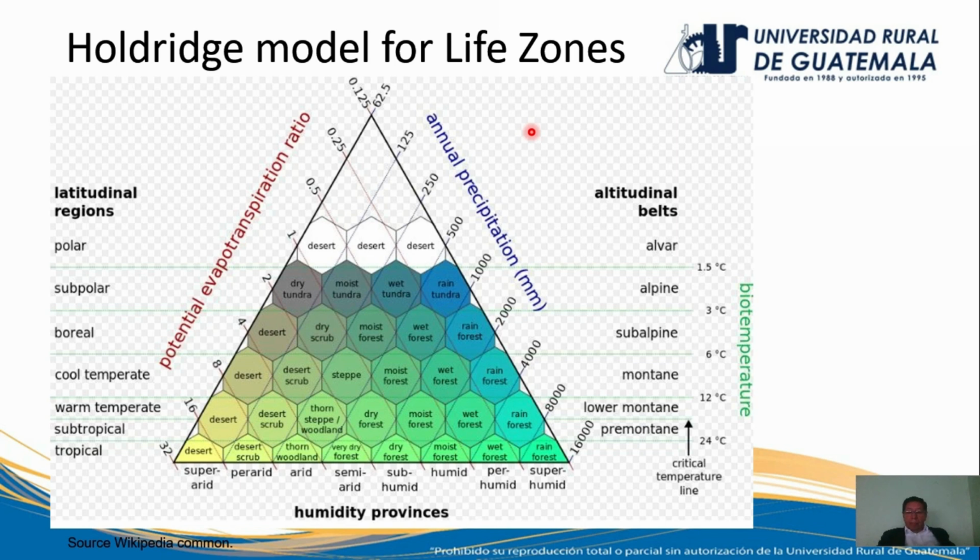The combination of the thermal index and the moisture index determines the life zone. There are over 100 different life zones in the Holdridge model, each with its own characteristics and vegetation.